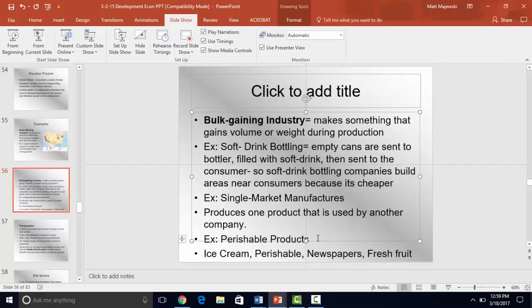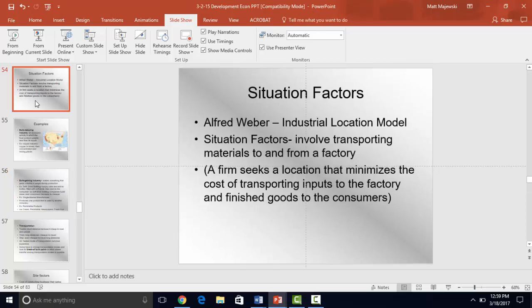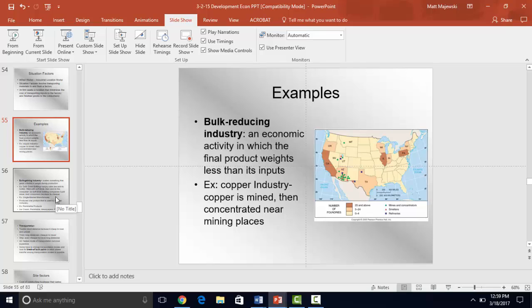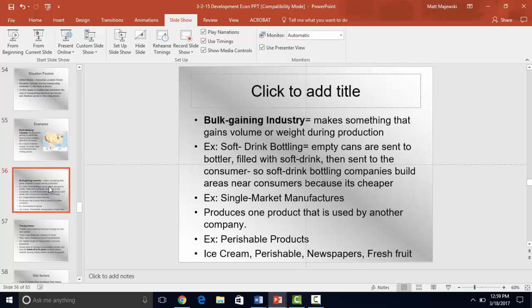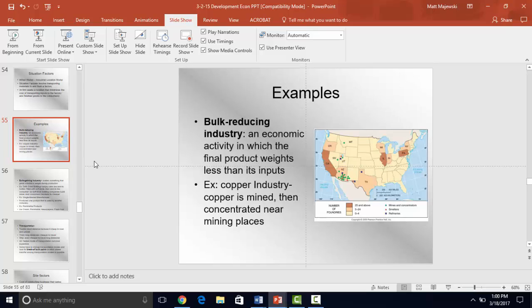So again, Weber says situation factors that affect your location are either bulk reducing, which means you locate close to your inputs, close to your resources, or they are bulk gaining, which means they locate close to the markets. Have you ever wondered why certain factories are located further away from cities, and why other factories might be located closer to the cities, right on the outskirts of them or directly in them?